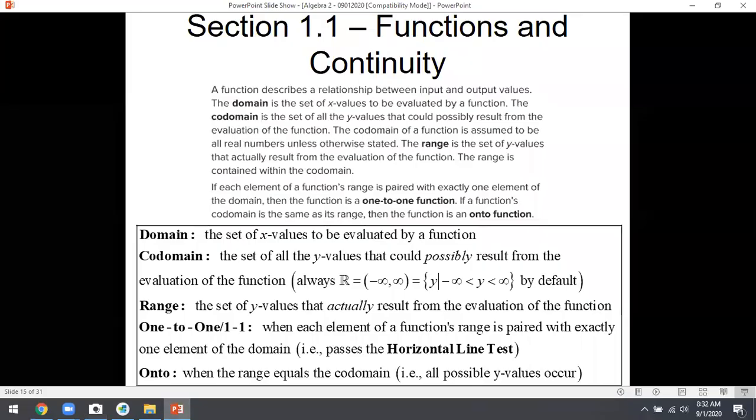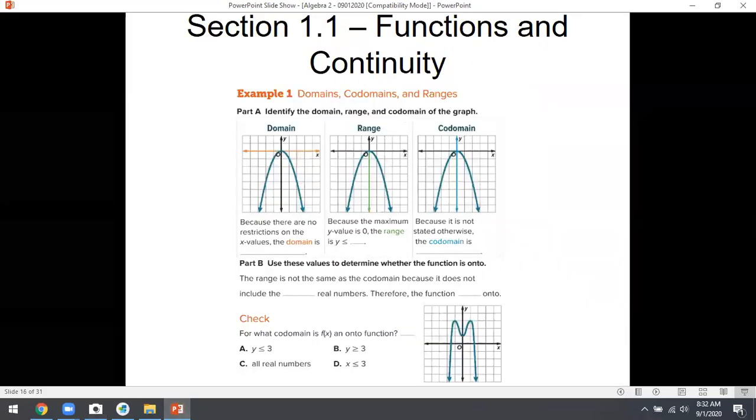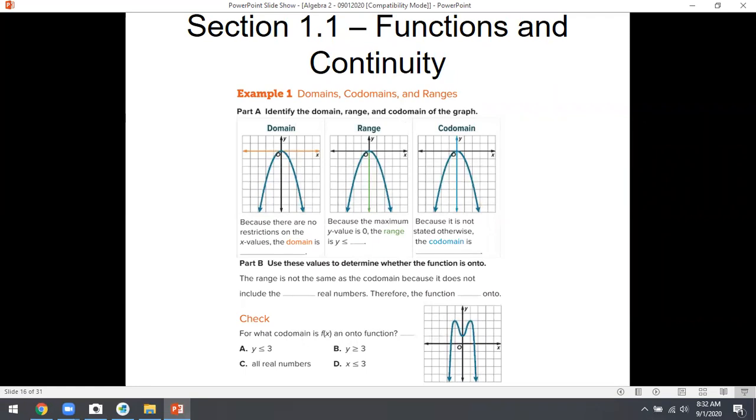I wish that was all we have for today, but we're just getting started. Really quickly, let's go through this example here. Tell me what the domain is for this first graph. Does it go all the way to the left and to the right? So what is it? Negative infinity to positive infinity, all real numbers. What's the range? That's up and down, right? How far down does it go? Negative infinity. Does it go all the way up?